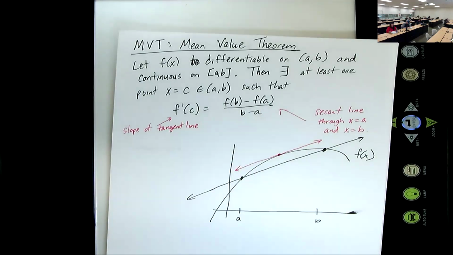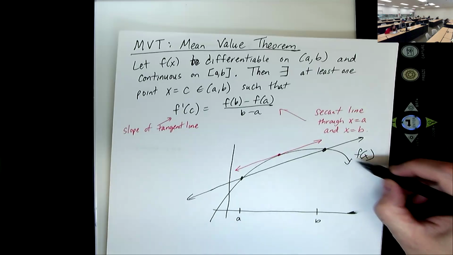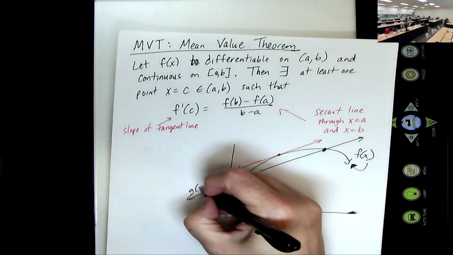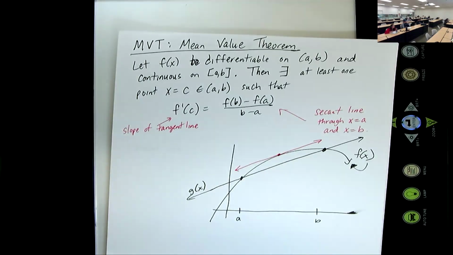So same slope between these two. So that's f of x. Let's call this line here g of x. We'll use it for the proof.